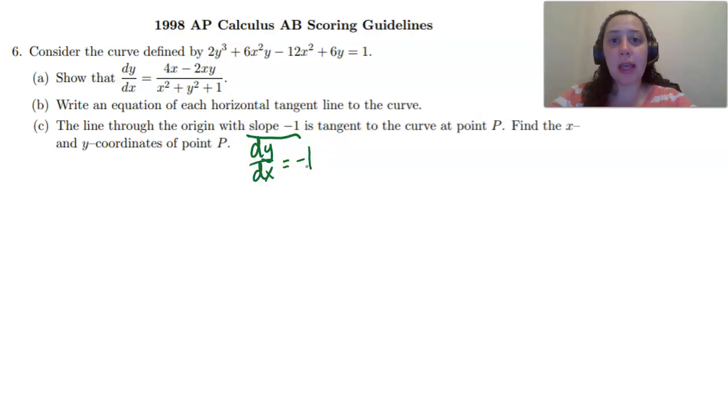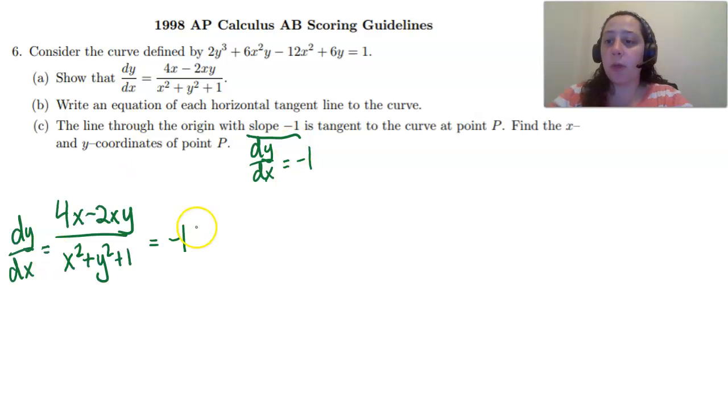So our dy dx must equal -1. Now, even if you were not able to do the first question, they give you that answer so that you can use it correctly in the following questions. So we're going to set this equal to -1. So now we can work our way through solving this.